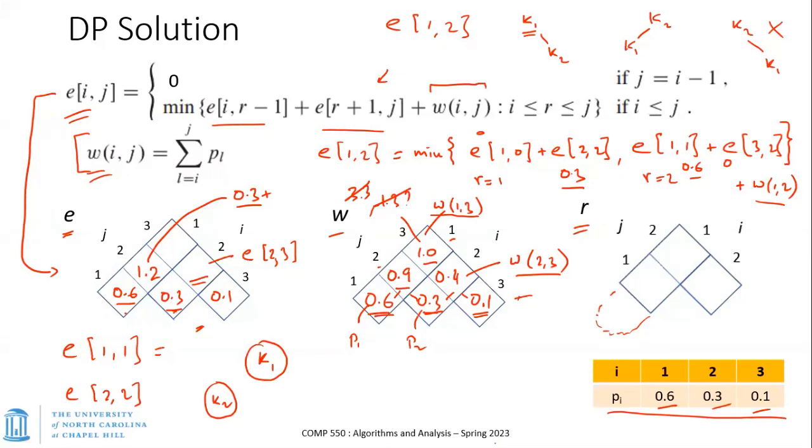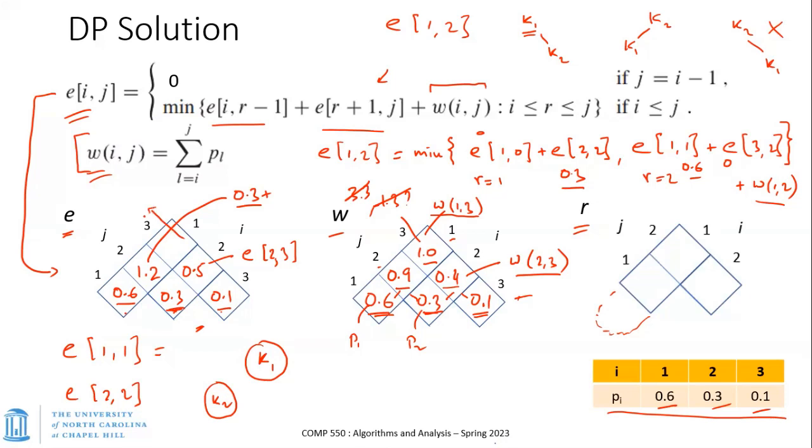So remember, we have to do a minimum of these two, and then we have to add the corresponding weight. 0.5. You calculated that by looking at 0.1 plus the probability of 2 comma 3, which is 0.4, which is exactly right. And what about the final value over here?